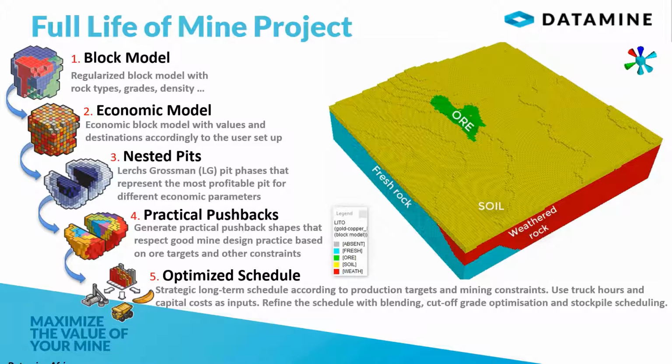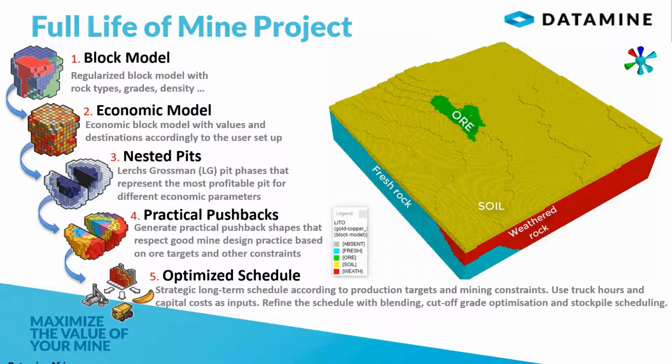First of all, we need to prepare the block model, regularize it, and make sure that the block model has all the necessary information such as grades, density, rock type, etc. Then add the economic parameters to the block model. So each block will have the processing cost, mining cost, revenue, and NPV.